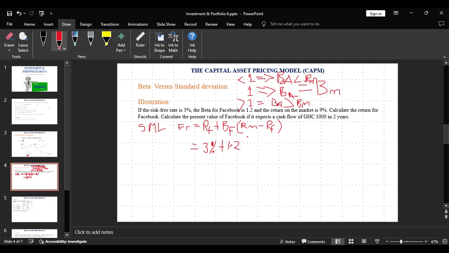Market return is what? 9%. Minus risk-free of what? 3%.